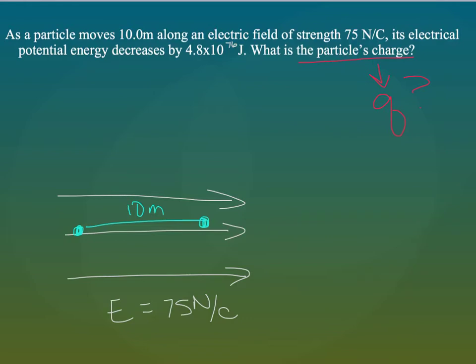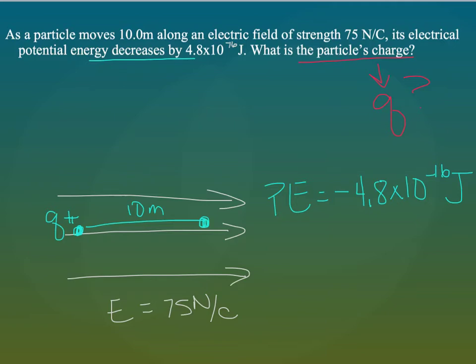I know it goes down the field, in the direction of the arrow, because the potential energy decreases. So our potential energy is negative 4.8 times 10 to the negative 16th joules, which means this must be a positive charge traveling down this line. Hopefully our answer gives us a positive Q.